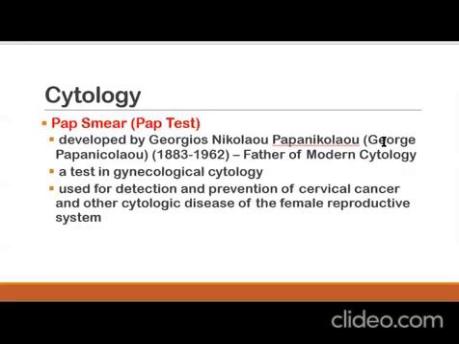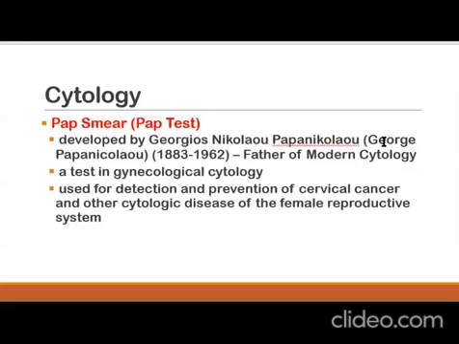So, paano niya na-establish yung ating Pap smear, yung ating Pap test? So, he tried to correlate the sexual cycle of women with the cellular patterns by examining the vaginal secretions of both rodents and humans. It is also during this time that he tried, since meron naman siyang vaginal secretions, to identify stages of exfoliated squamous epithelial cells in terms of maturation.